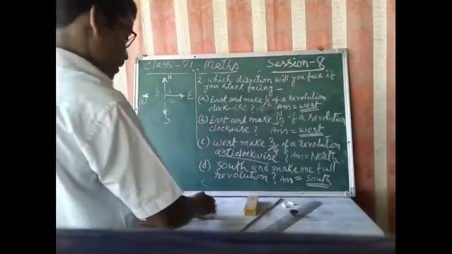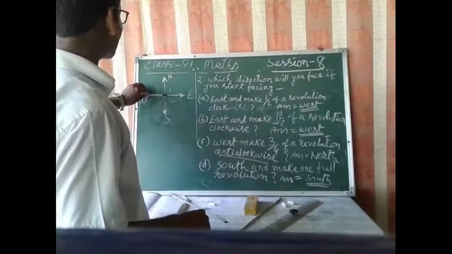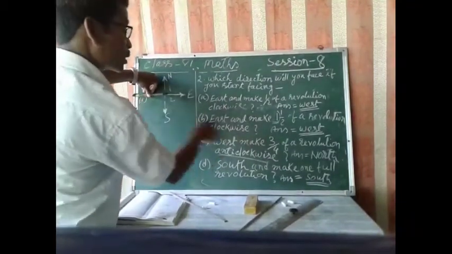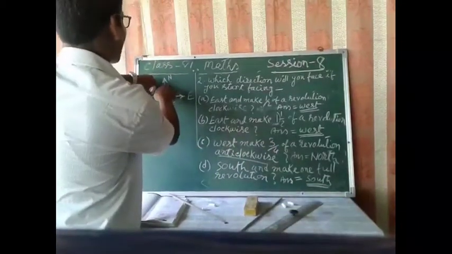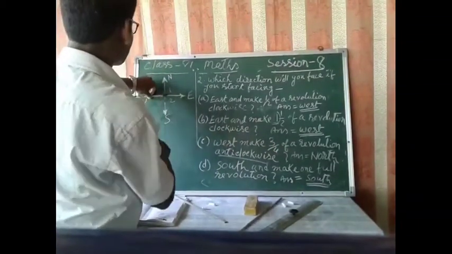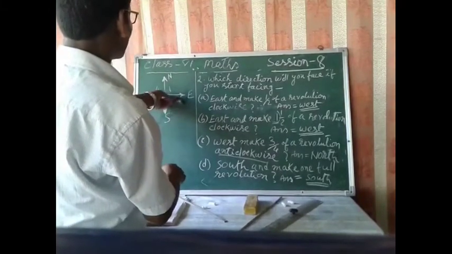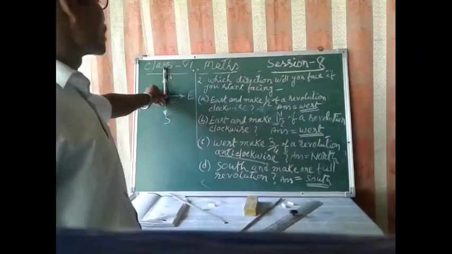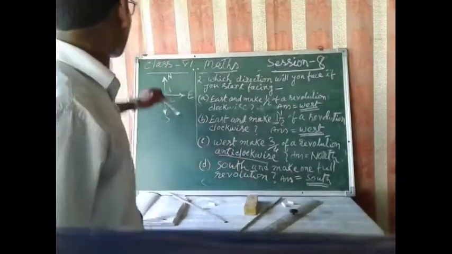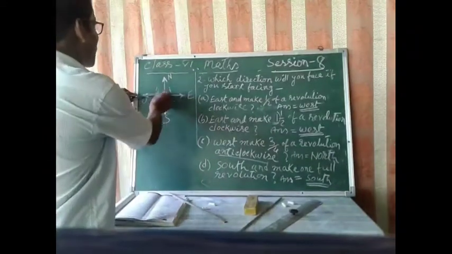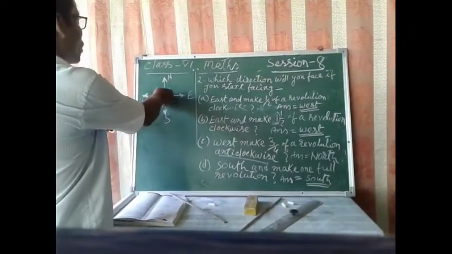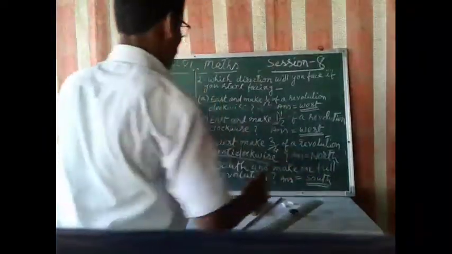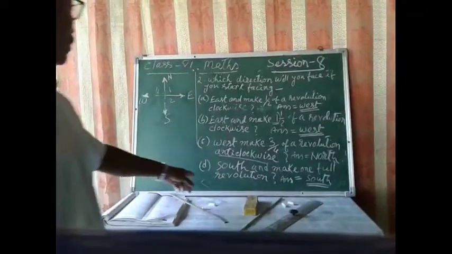From here you have to move 3 quadrants: east is 1 quadrant, 2 quadrants and 3 quadrants. Now you face north. When you revolve anti-clockwise facing west by 3/4 revolution, you face north. Therefore the answer is north. Now question number D.